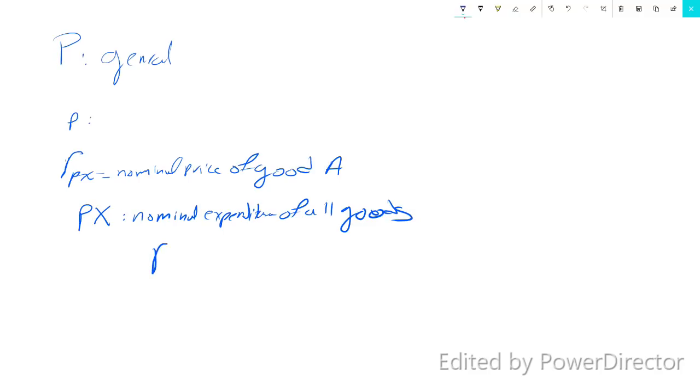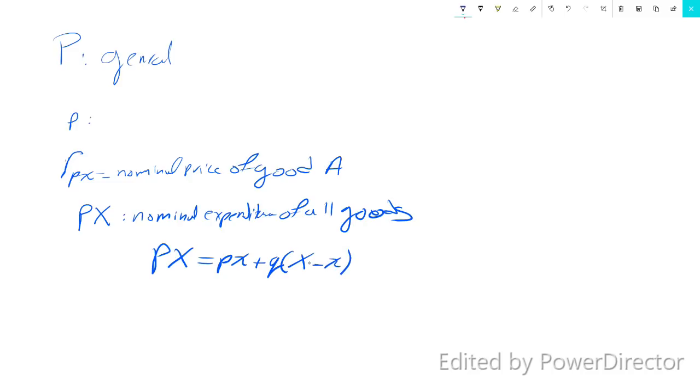Having said that, we know that big P times big X is equal to the small p times small x, plus q, where q is a general price level of all the other goods other than A, times the differences in the real expenditures.